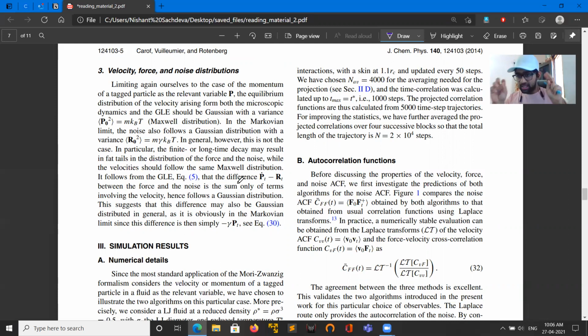In particular, the finite or long time decay may result in fat tails in the distribution of the force and the noise. Maxwell distributions are usually very thin.